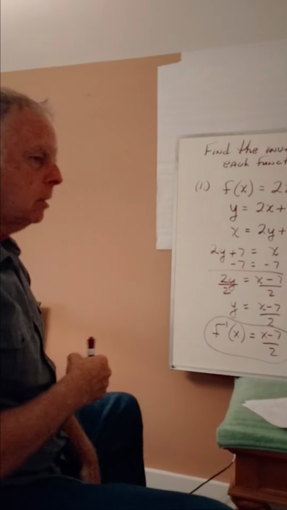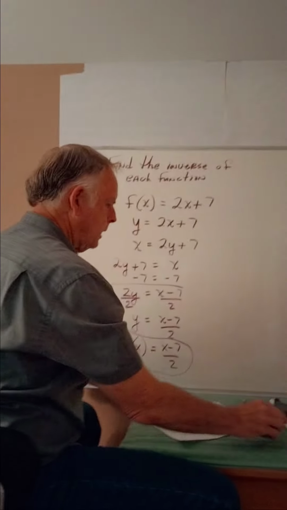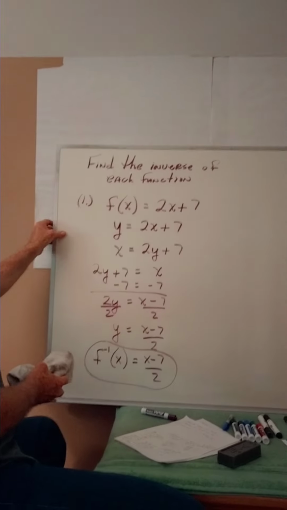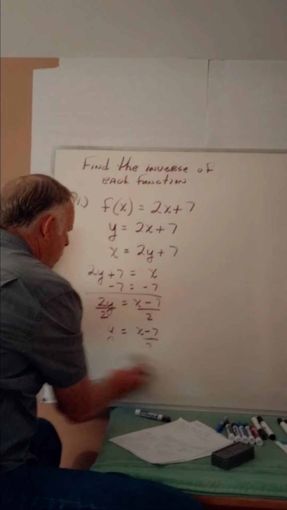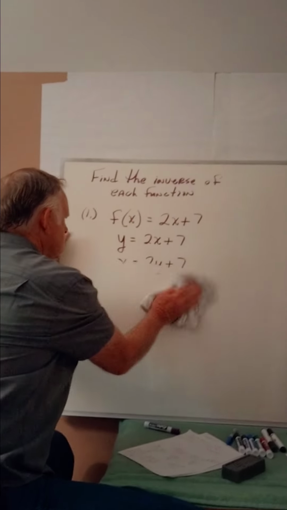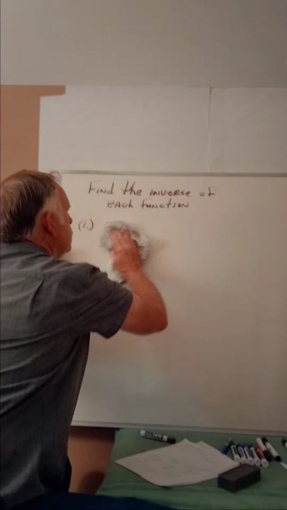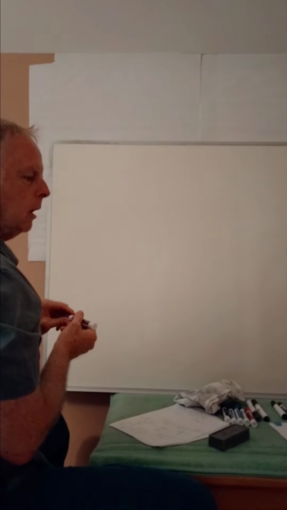Undoing will take place. Now that's number one. We're going to do a total of 3 of them. Not going to take long. What is this concept called? Finding the inverse of a given function.